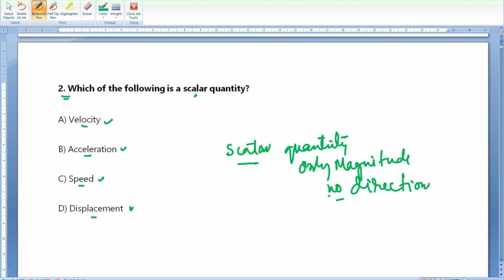No direction is indicated in the definition of speed. So speed is the correct answer. Velocity, acceleration and displacement are all vector quantities and speed is a scalar quantity. This is the correct answer, speed.